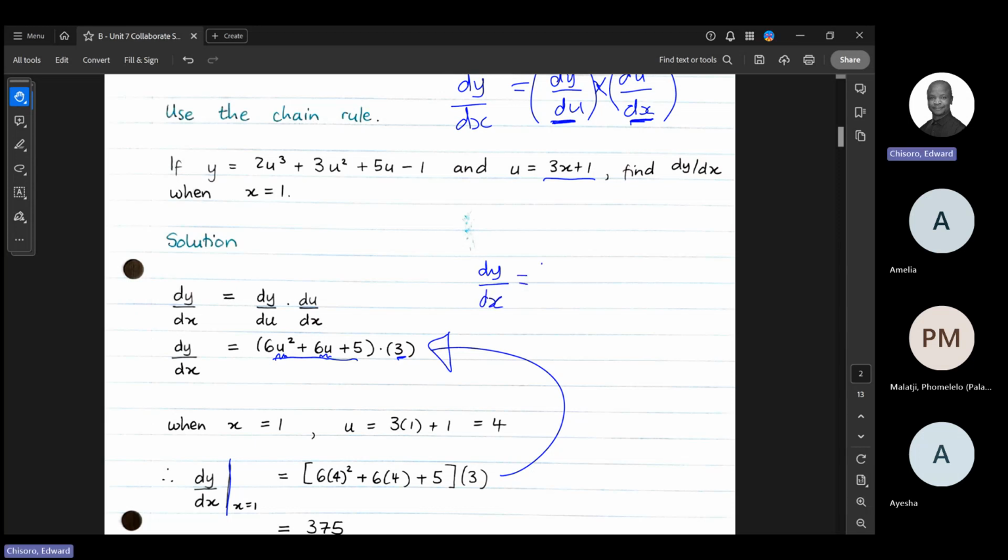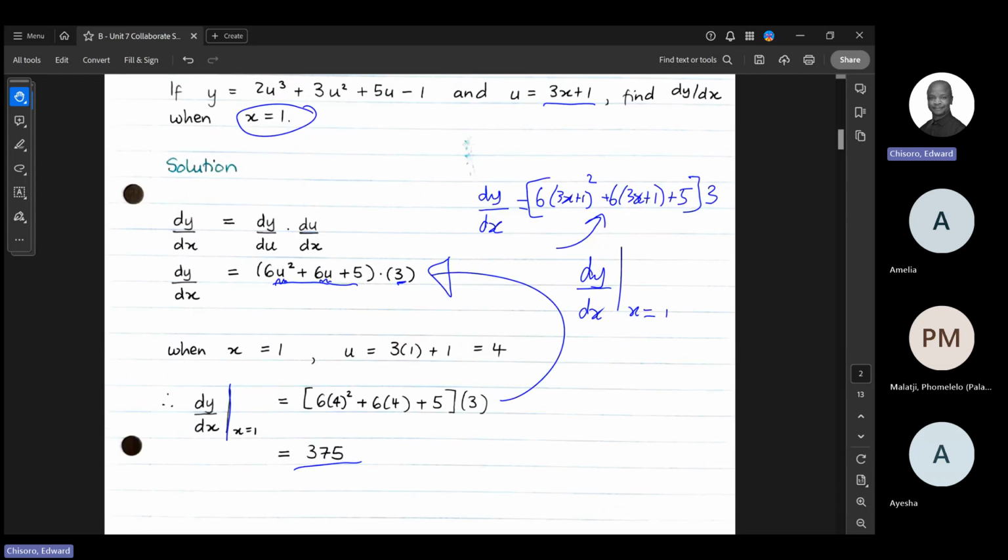So you will have 6 times (3x plus 1) squared plus 6 times (3x plus 1) plus 5, all times 3, and then you substitute this x equal to 1 into there to get dy/dx when x is equal to 1. So the same answer will be your result as we found there.